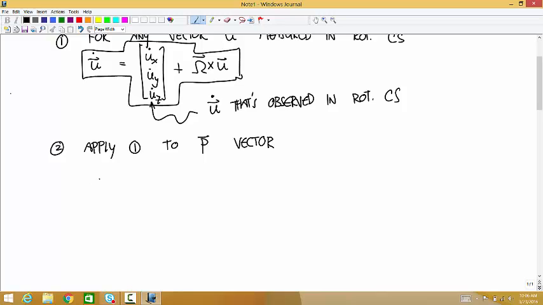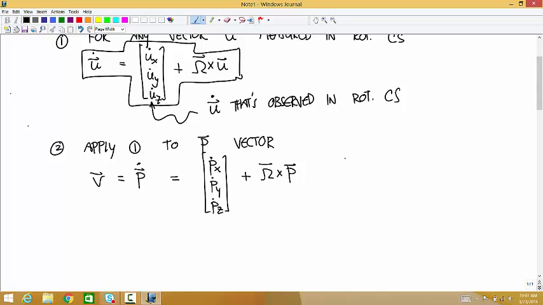And you get that the velocity vector, which is just p dot, is equal to the time derivatives of the components of the position vector plus the angular velocity of the coordinate system crossed with the position vector.